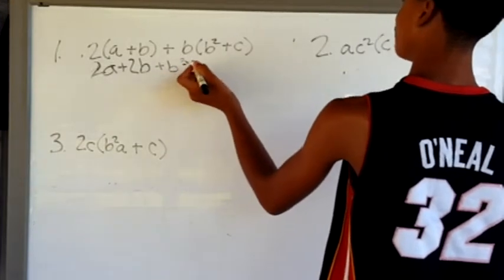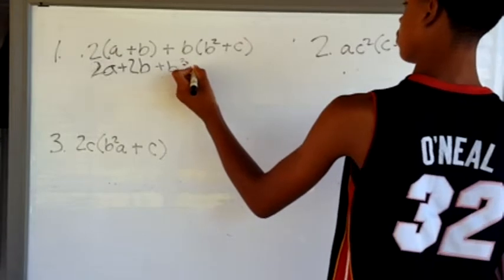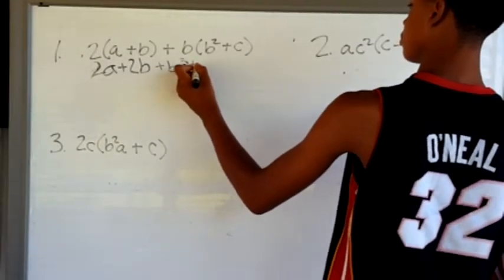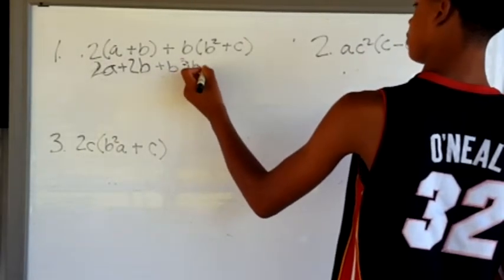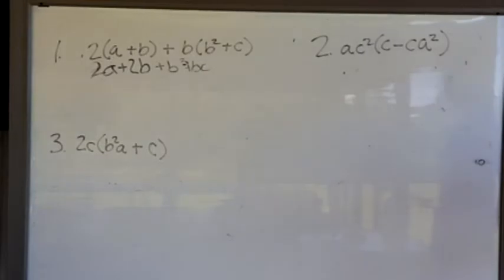And then you do b times c, which is equal to bc. It says b cubed plus bc. b cubed plus bc.